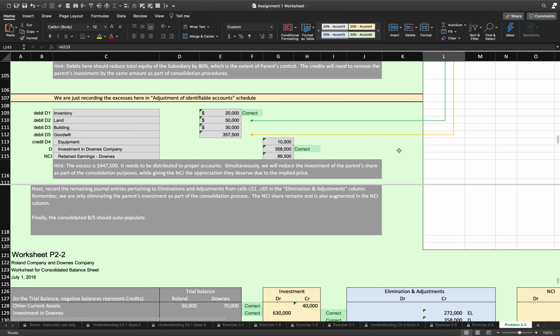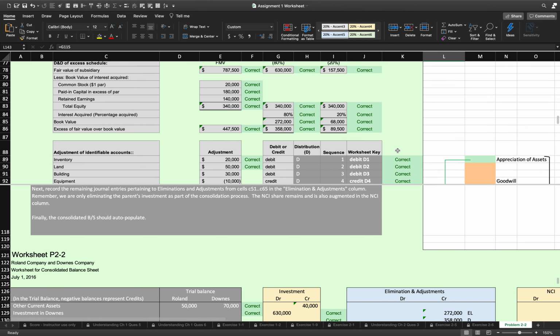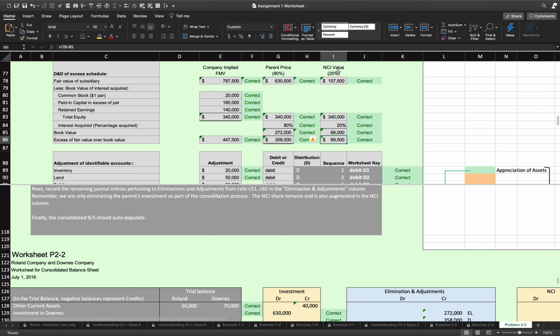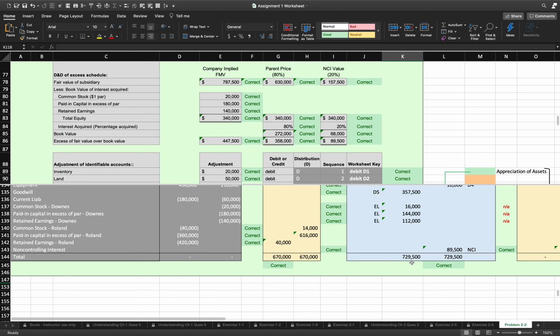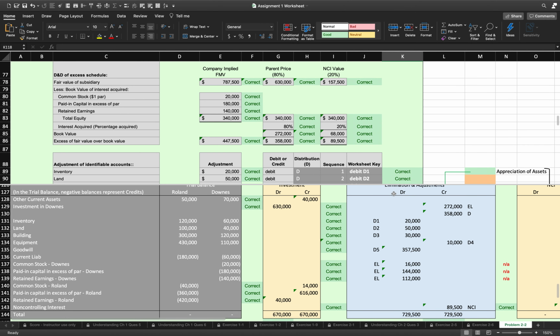How do we know? Because we determined that up here. This excess of 447,500, 20% of that was 89.5, is what the NCI value increased by, right? So that's that amount right there.